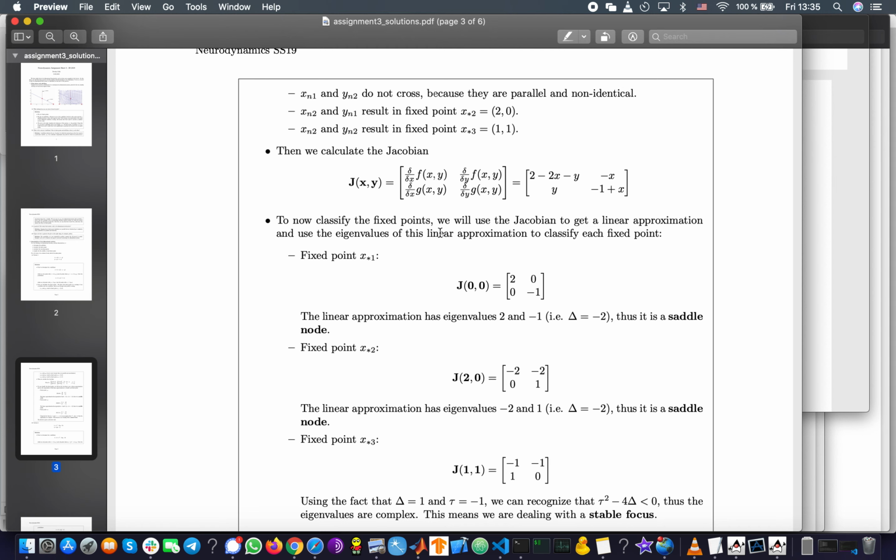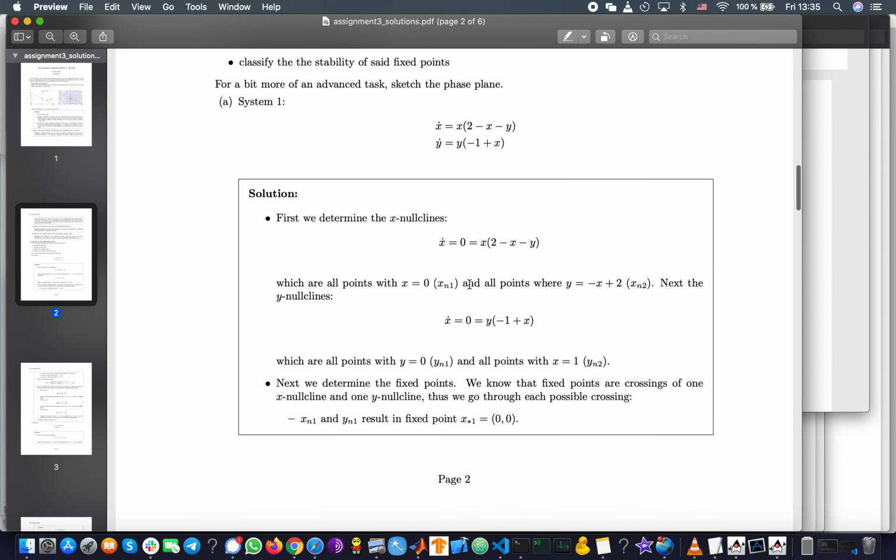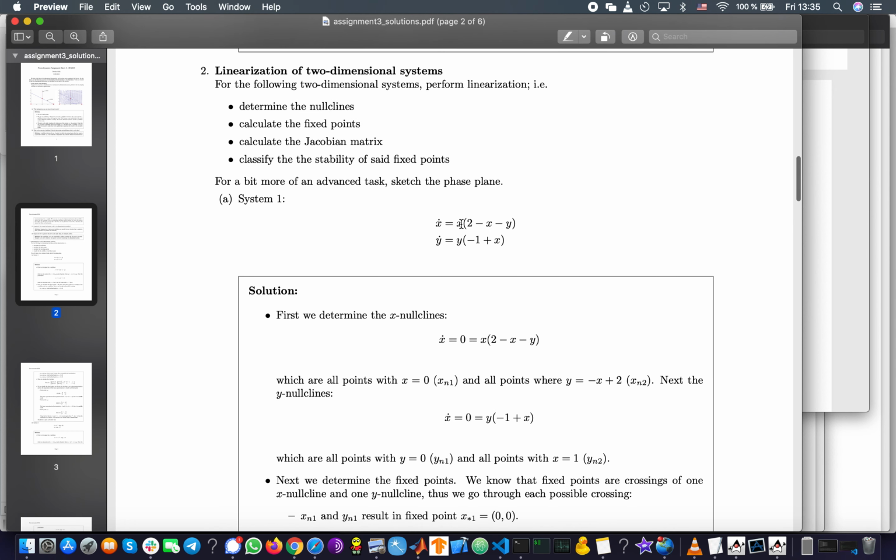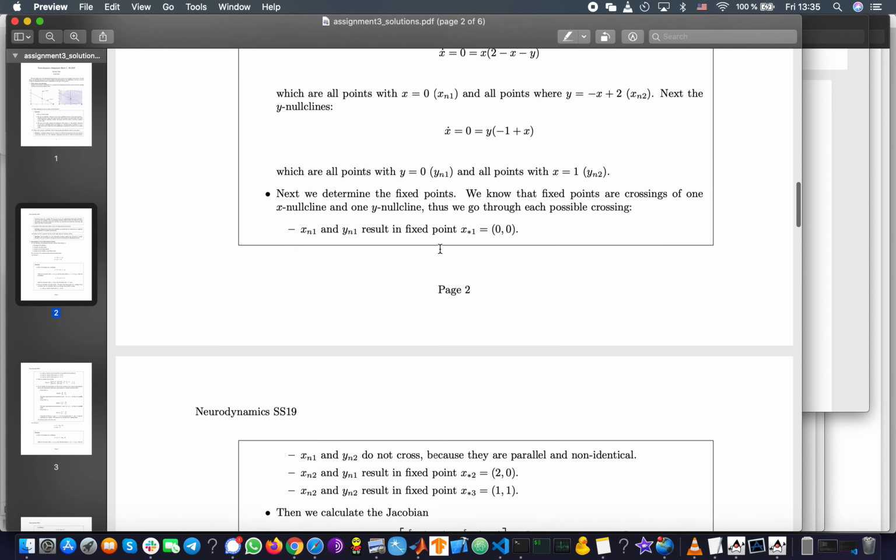And for your fixed points, you found the fixed points, right? x dot is equal to 0 and y dot equal to 0. For instance, if x is equal to 0 and y is equal to 0, therefore x dot and y dot are equal to 0.